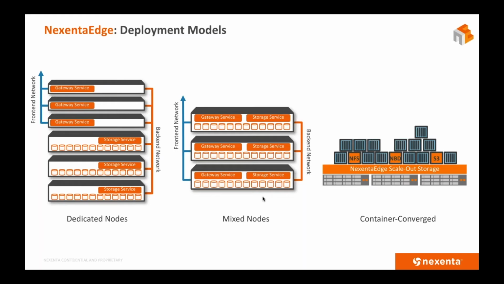We also have something that we call container converged. And this is, quite frankly, I'd call it emerging territory in general, but it's really a way to deploy NexentaEdge on physical hardware and run it as a storage platform, serving storage to containers that run on the same physical hardware. So, the 10,000-foot view of describing this would be, hey, it's hyper-converged, but for containers.